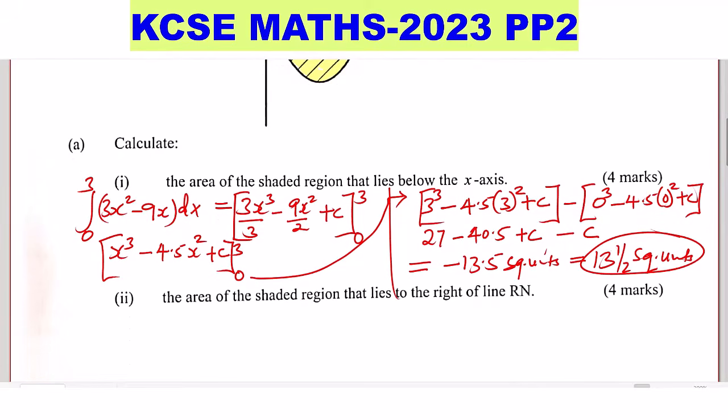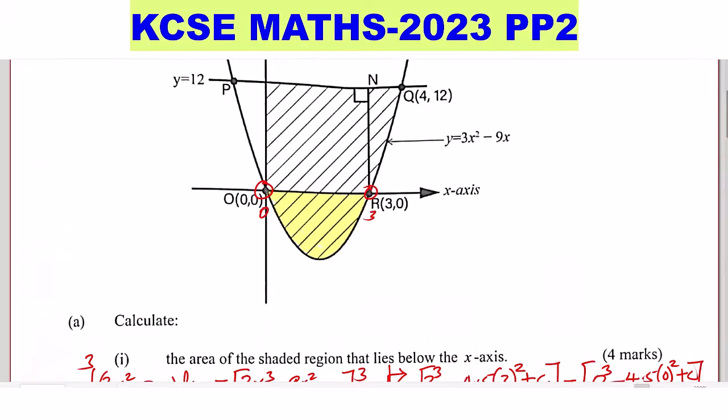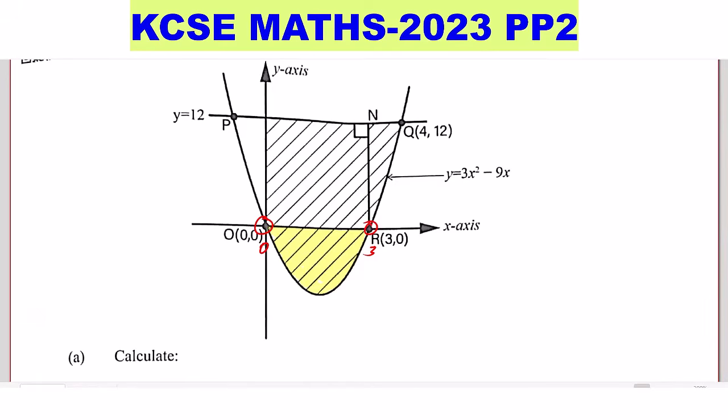Second part, the area of the shaded region that lies to the right of line Rn. So identify that area, and that area is the one that we have here. This is the area that lies to the right of line Rn.